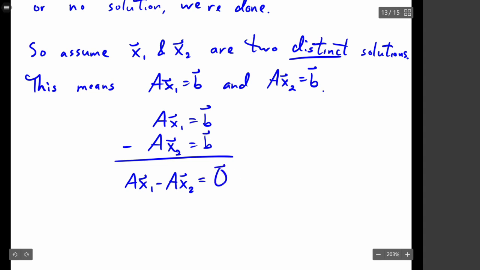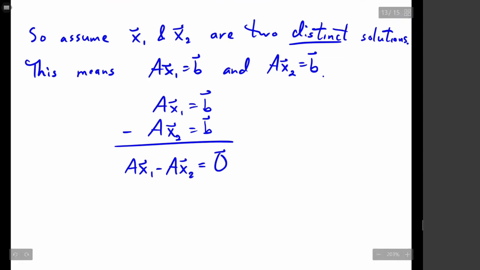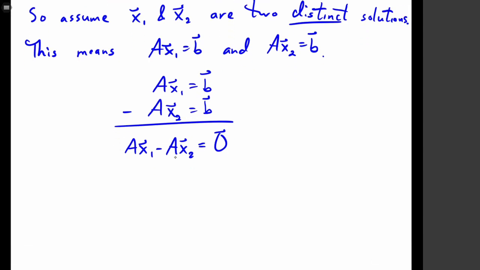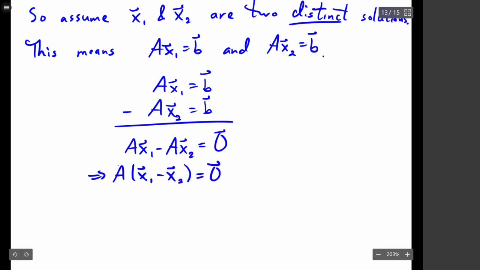Or the zero matrix, however you want to think about it. Here, I can factor A out to the left, because remember, matrix multiplication is distributive. So this lets me say that A times (x1 minus x2) equals 0.